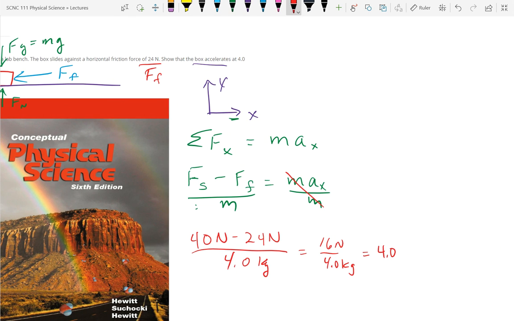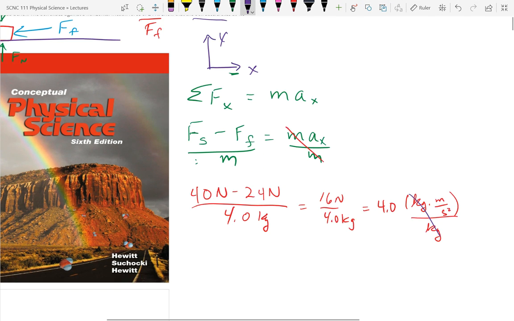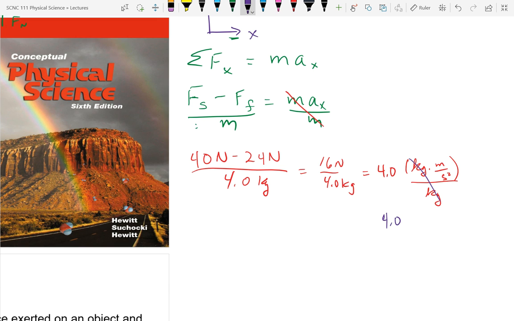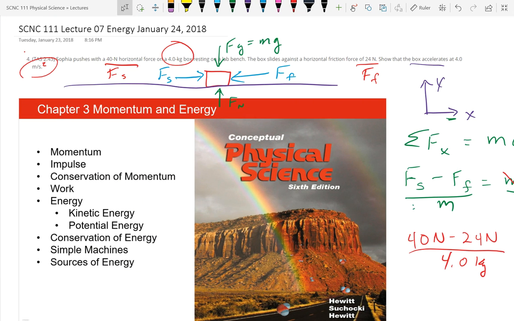Remember, a newton is a kilogram times meter per second squared, divided by kilograms. And so the kilograms cancel, and I'm left with 4.0 meters per second squared. I very much apologize for having that 2 missing because it's going to lead to confusion if you're thinking the problem through.